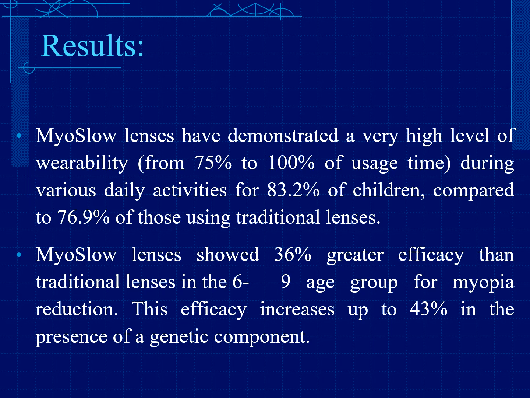It means that the effectiveness and acceptance of the lens is very good for the MyoStop lenses, and it is very beneficial for kids from the age of 6 to 9.